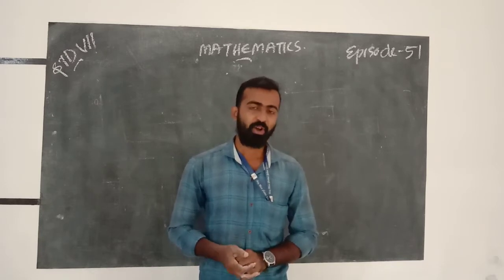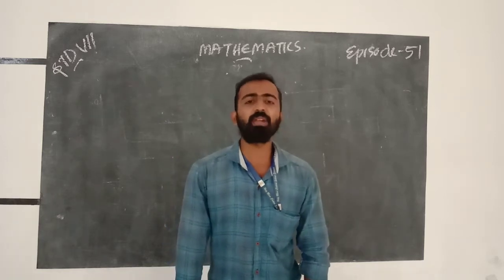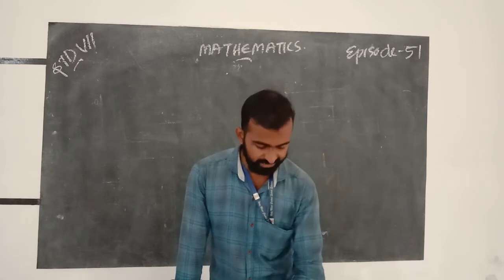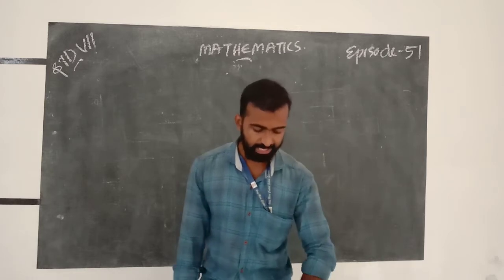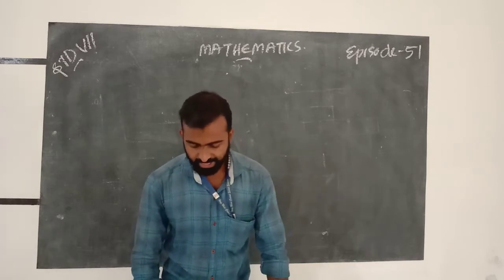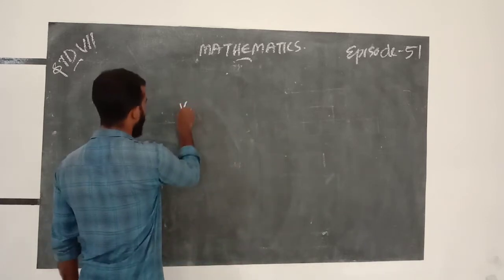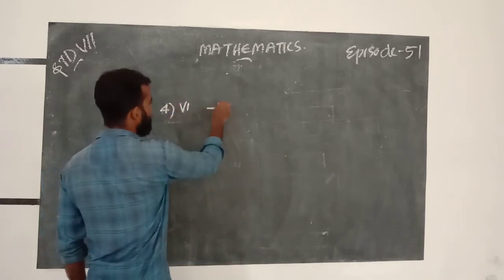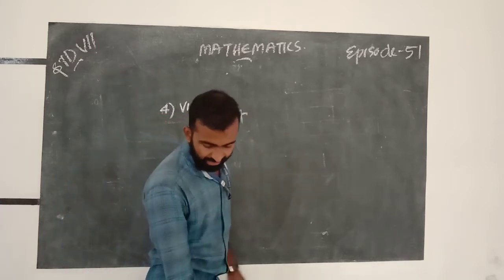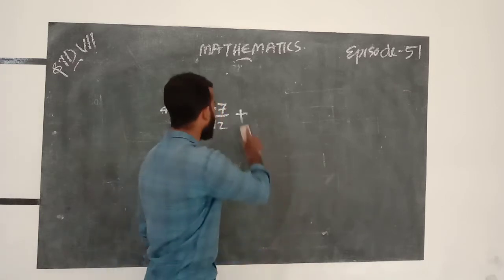Good. Okay, we are going to discuss exercise 9.2, question number 4, section 6th question. What is our 6th question? Negative 7 by 12, plus... not plus, it is division.